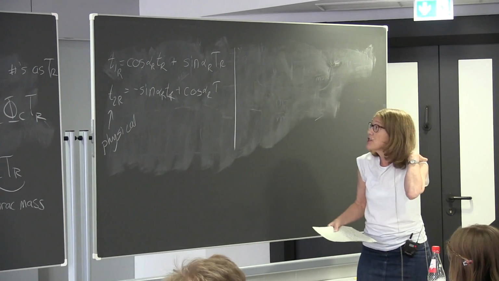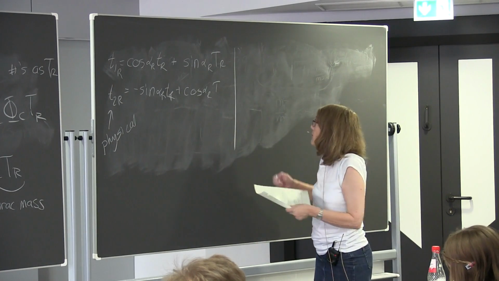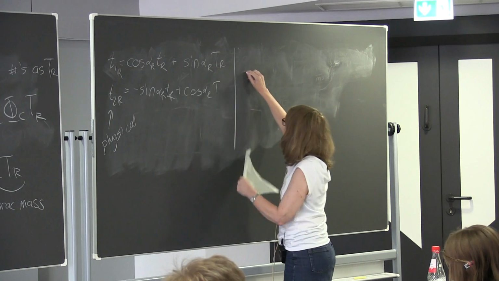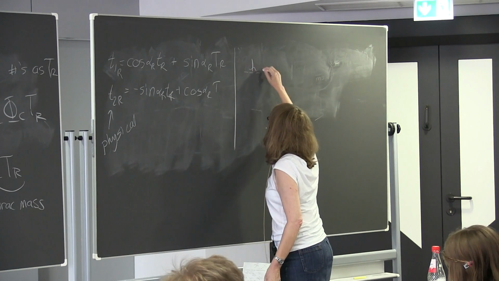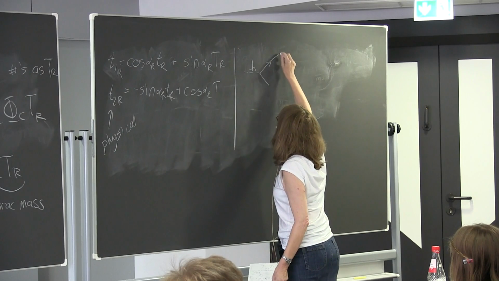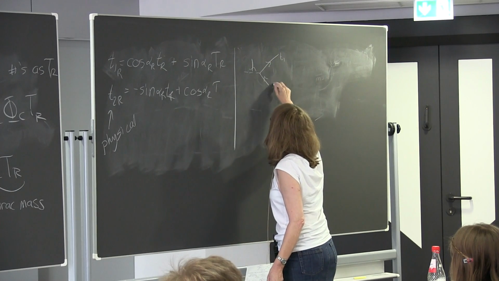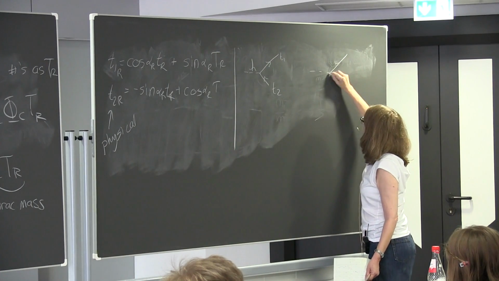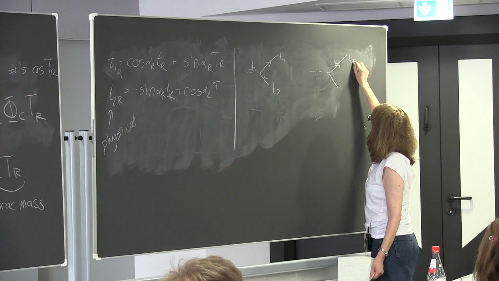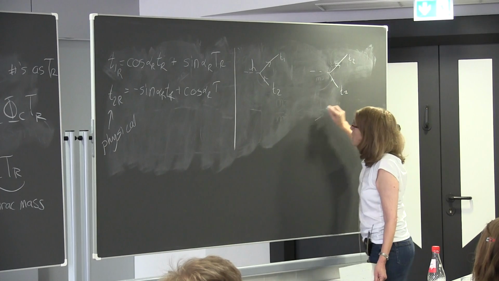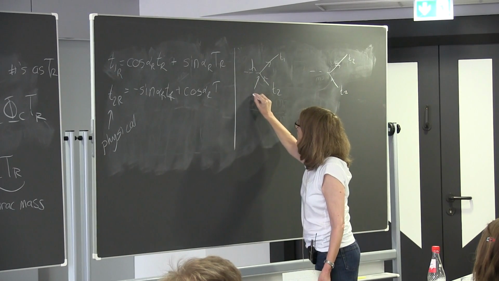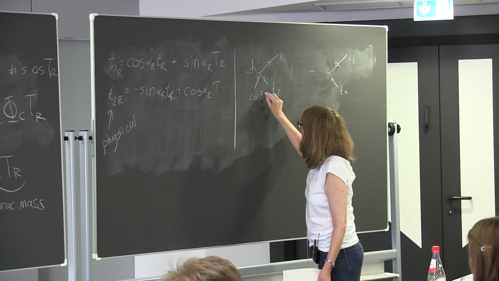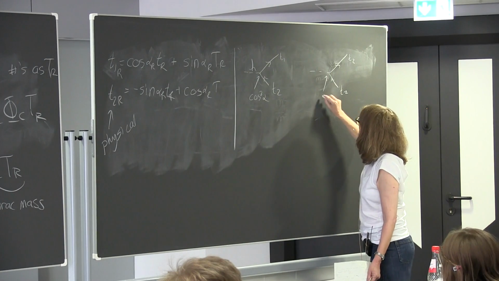So let me just tell you the answer. So here's the Higgs couplings, and here's, we'll say T2 is the heavier guy. Doesn't matter. So this guy is going to be cosine squared of alpha, and this guy is going to be sine squared of alpha.